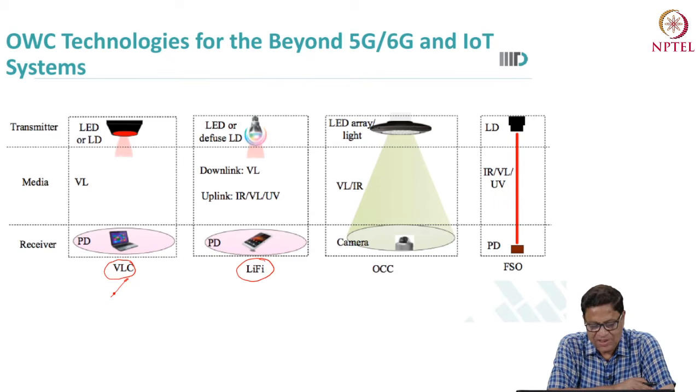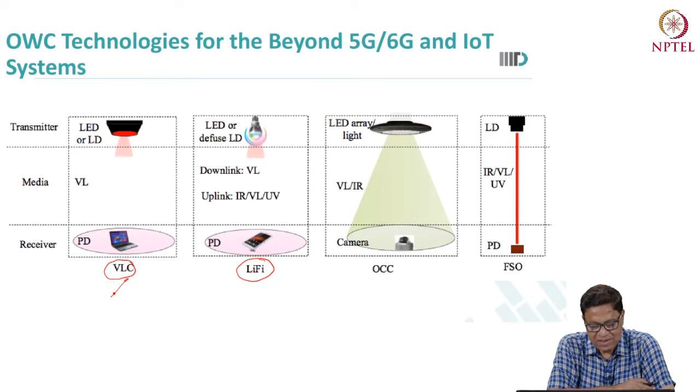So a technology which fulfills all these requirements of high speed, bidirectional mobility and handover is called Li-Fi, and it uses the LED or the illumination luminaire which is there in the room for communication, or one can use a diffuse laser diode. These are different options.